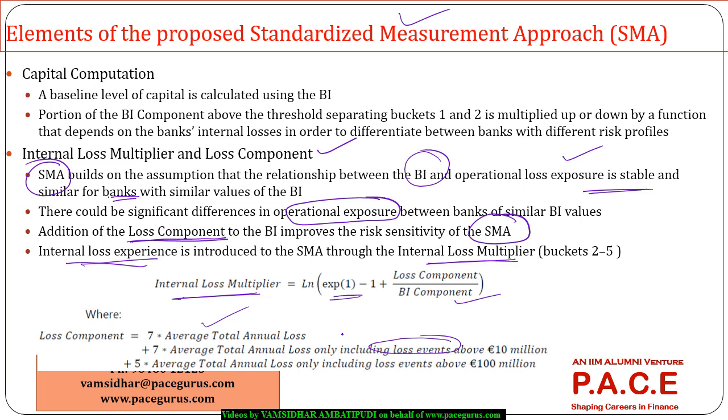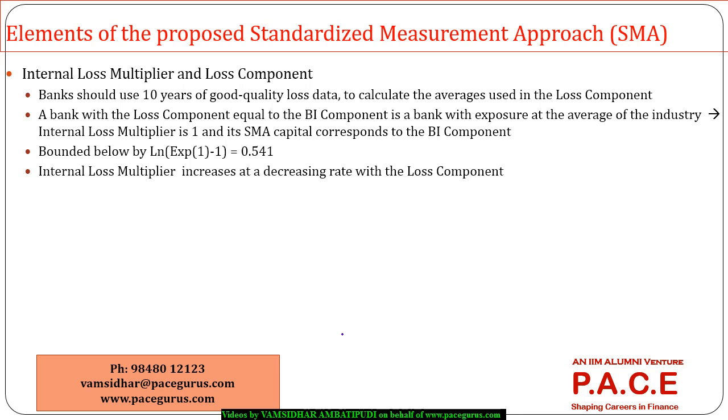First there is a multiplier of 7, then another 7 for those exceeding 10 million. Again there is one more multiplication by 5 for the losses that are exceeding 100 million. So that is what is giving me the loss component, and based on that we are getting the internal loss multiplier. It says that a bank should use 10 years of good quality loss data to compute that loss component.